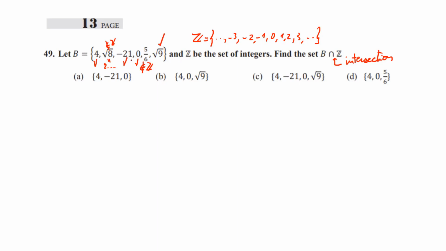So how many integers in B? 1, 2, 3, 4. And this is the correct answer. These are elements which are both in B and in Z, which means that they are integers.